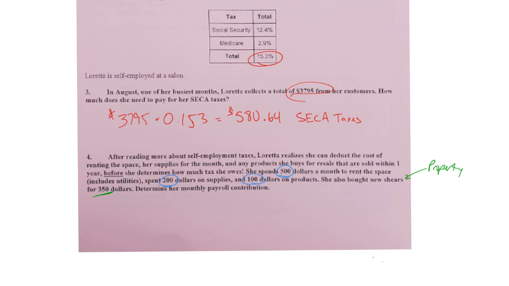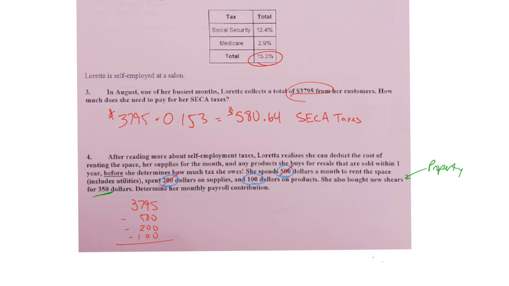So what we're going to do is take our $3,795. I'm going to take away $500 for rent and utilities, $200 a month for supplies, and $100 a month on products. So that is $800.